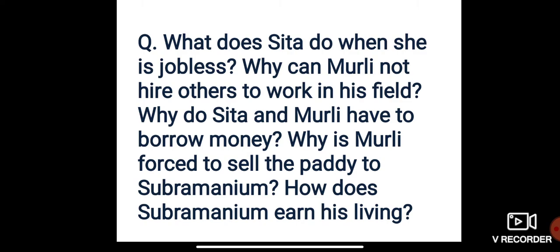And why is Murli forced to sell the paddy to Subramaniam? How does Subramaniam earn his living? Very simple questions. If you are sincere enough in reading that particular passage, these questions are very easy and you will understand.